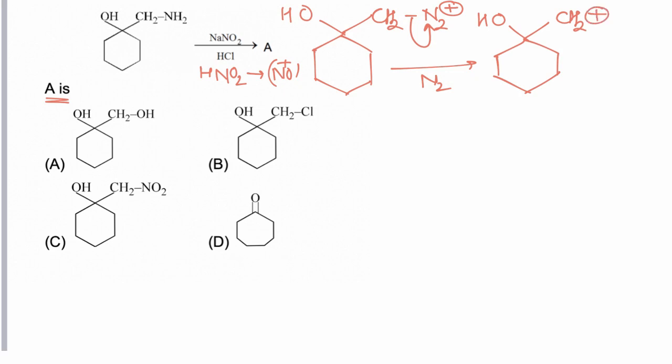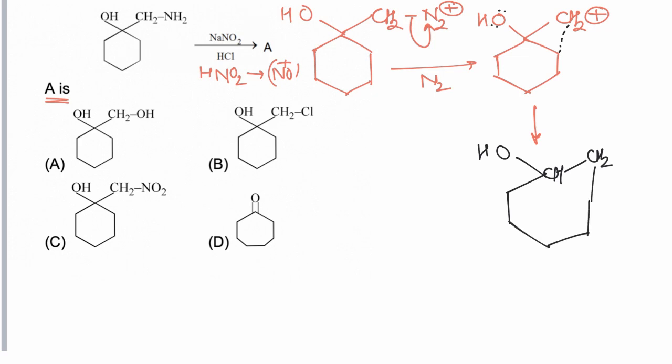Now this carbocation may be further stabilized by alpha effect of OH group. So this will migrate in such a way that alpha effect is created in the molecule. So CH, CH2, and now this is the product form.